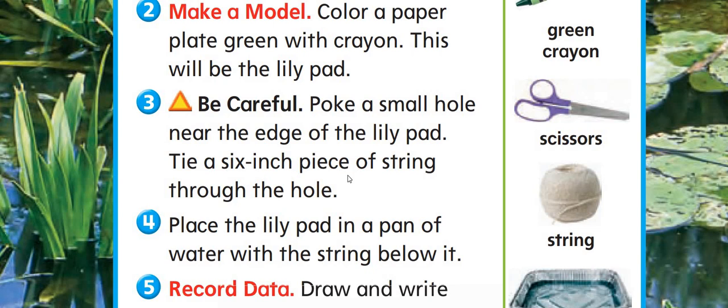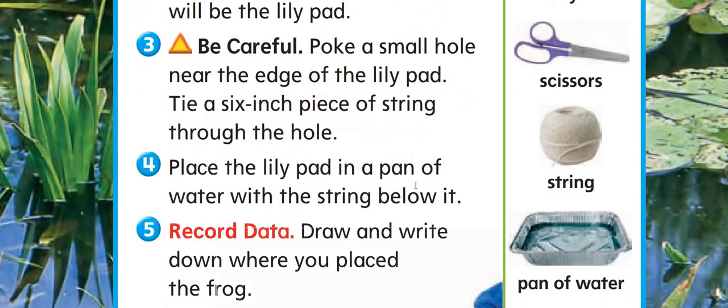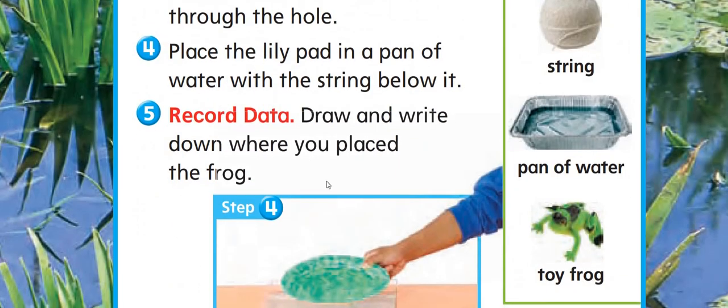Tie a 6-inch piece of string through the holes. We are going to make a hole and put a string around it. Place the lily pad in a pan or a basin of water with the string below it. Okay. Then we are going to record the data and draw and write down where we place the frog.